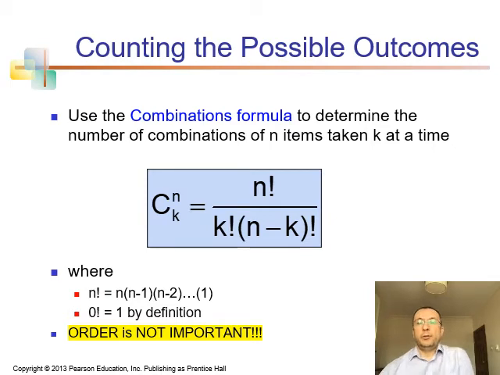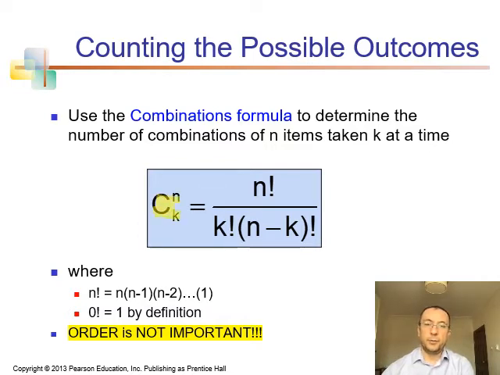Now, we also need to know some things like combinations and permutations. A combination has a formula. It is C. This C means combination, and N is the big number, K is the small number.